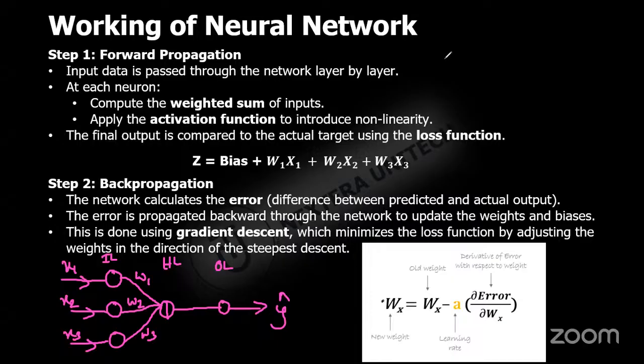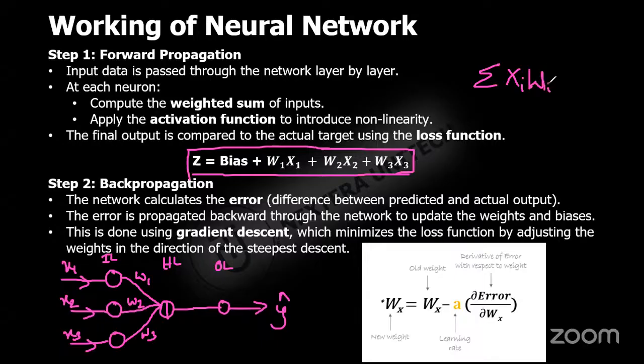Once the weights are initialized, the first component in the neuron of the hidden layer is the summation function. This summation function uses the formula summation of xi wi plus bi, where i takes from 1 till n.